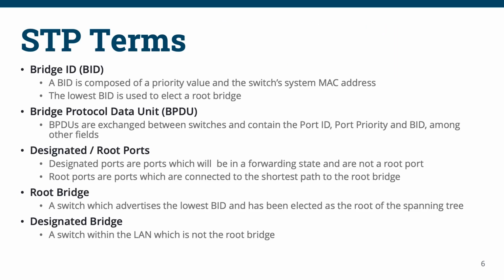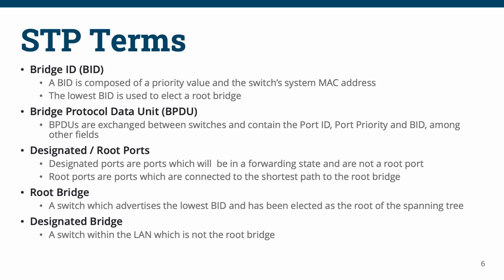So the priority value will be the primary tiebreaker, while the MAC address will then be a secondary value to use. The bridge ID is used only in the root bridge election process. The lowest bridge ID wins the election.